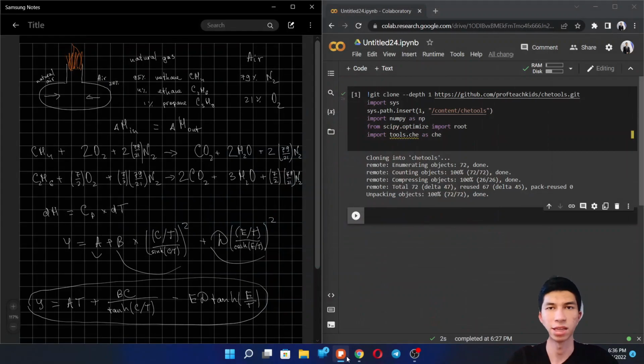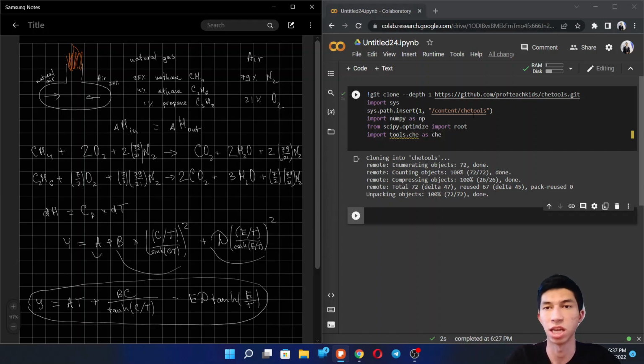So now we are at the next step of solving our problem, which is writing the Python code. Before we start, we should import some important libraries into our Colaboratory. We need CHE tools as always, since we're working with compounds and need to get their properties.